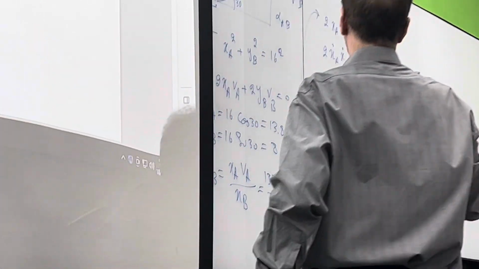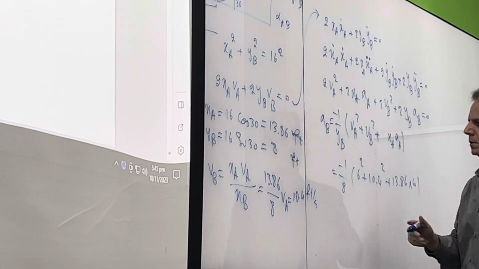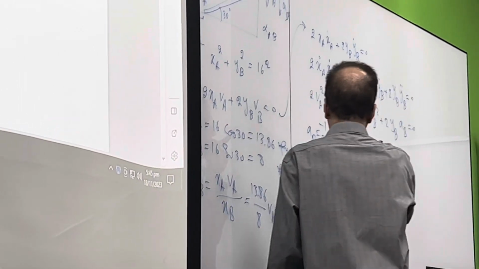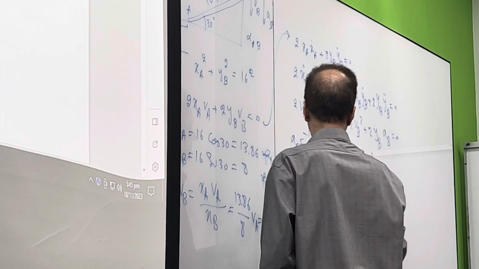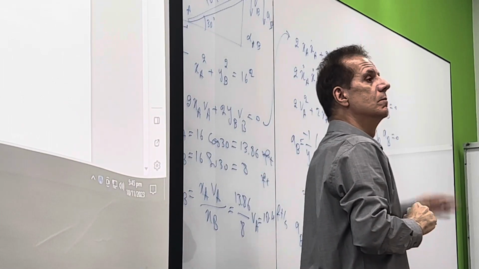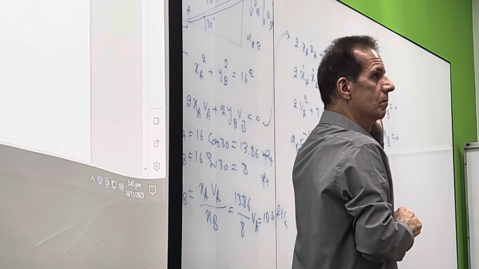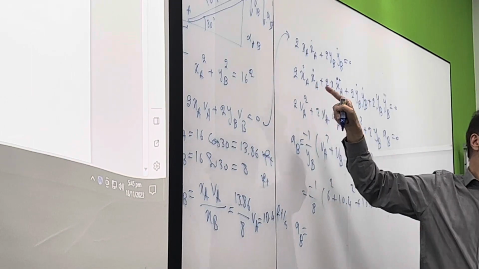Give me that number. The XA with the dot, what does it represent? Time derivative.